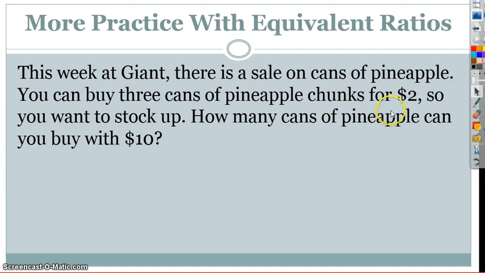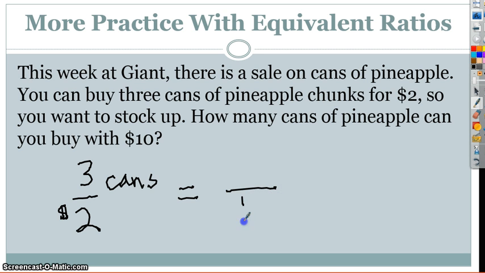So first we begin with our ratio of 3 cans of pineapple chunks for $2. And that ratio looks like 3 division bar 2. And again, we want to make sure that we label the things that we're comparing. 3 cans for $2. How many can we buy for $10?